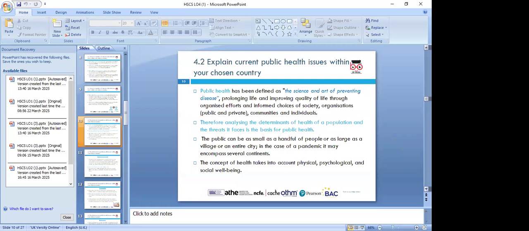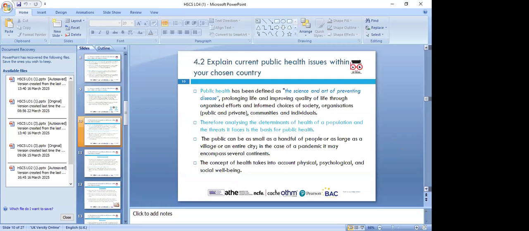Okay, let's crack on. Public health has been identified as the science and art of preventing diseases, prolonging life and improving quality of life through organized efforts and informed choices of society, organizations, public and private communities, and individuals. Therefore, analyzing the determinants of health of a population and the threats it faces is the basis for public health.